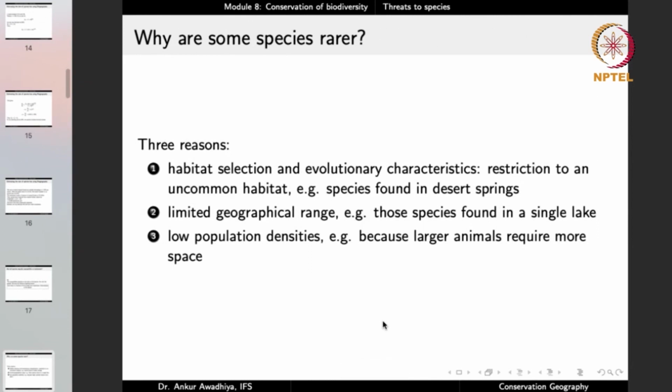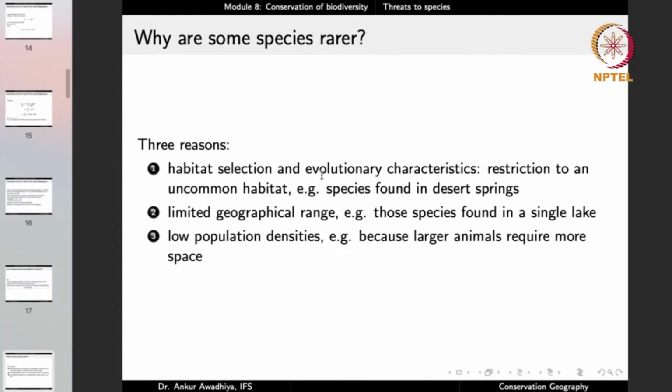So why are certain species rare? If a species is rare, then there are fewer individuals, and the small population dynamics are already playing a role. So if there is a little amount of impact of humans, these species will be very easily lost. They will become extinct. But then the next question is, why are certain species rare?